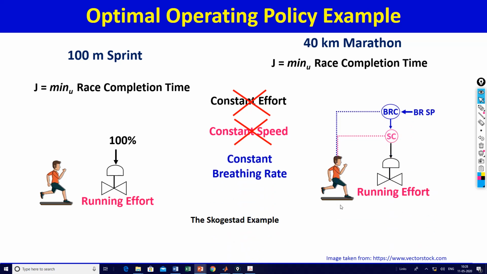So maybe this is what you do: a breathing rate controller, and then you optimize your breathing rate set point. This constant breathing rate set point running policy gives you nearly, if not exactly, minimum time for the runner.